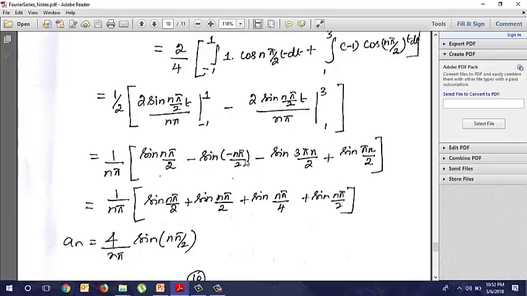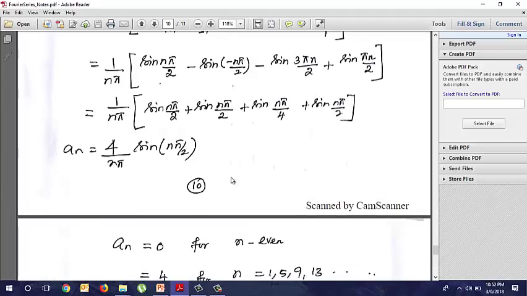And here also this becomes plus 3 n pi by 2. So seeing the symmetric property of the sine waveform, it is again sin n pi by 2 plus sin n pi by 2. Okay, so you are getting 4 sin n pi by 2 divided by n pi.